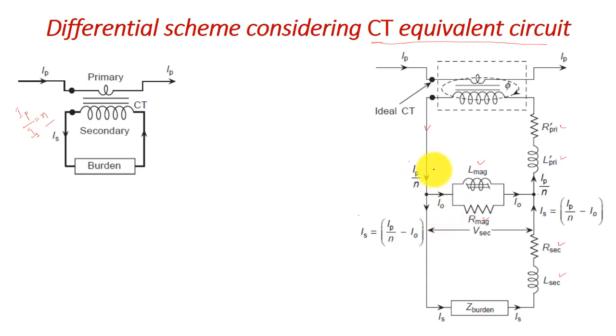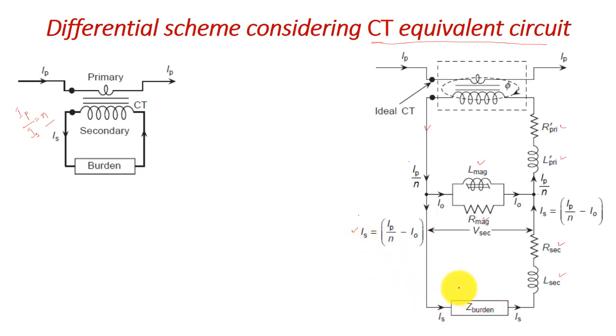Now we can see that here the current will be IP by N just in the secondary side winding, when we are considering the ideal transformer. And then it passes through the magnetizing branch. So in the magnetizing branch, let us say the current is IO. Therefore the net secondary current will be IS, which is the actual secondary current flowing in the burden.